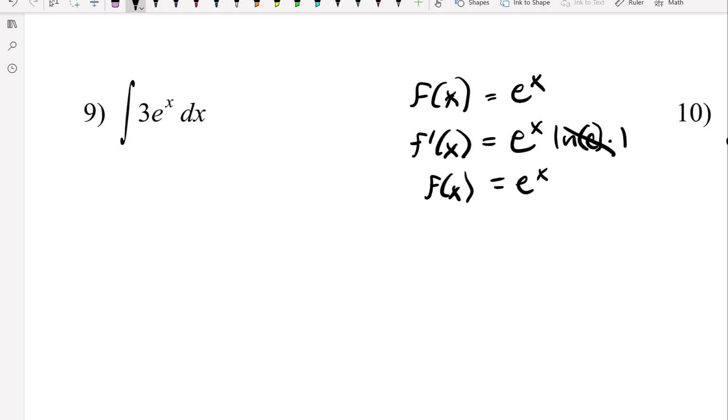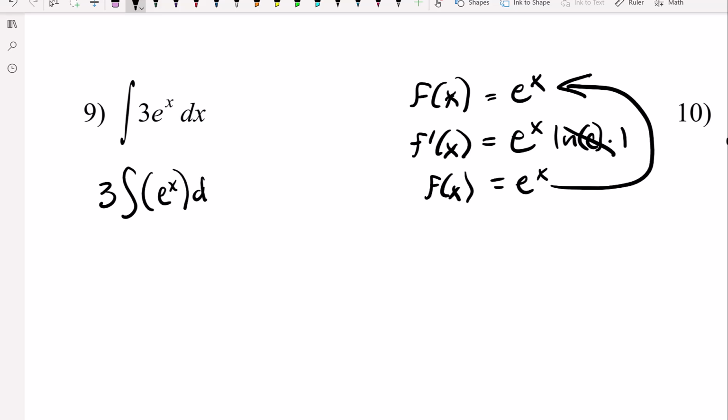So when you integrate e to the x, you go back to the original. So we could bring a 3 out in front, and then e to the x dx. So 3 just becomes a multiplier, and the integral of e to the x is e to the x plus the uppercase c.